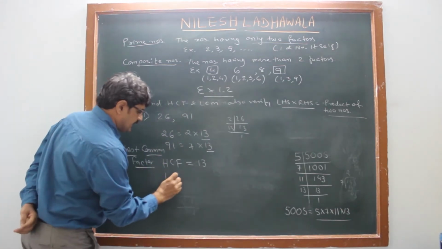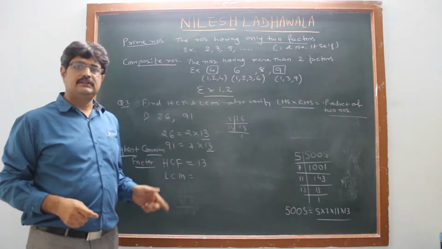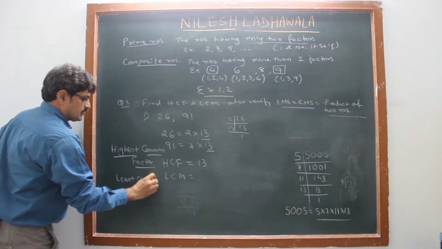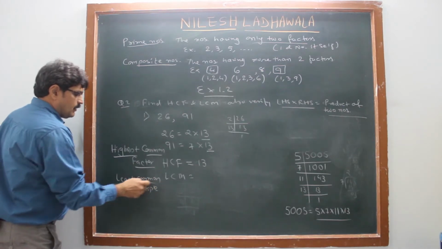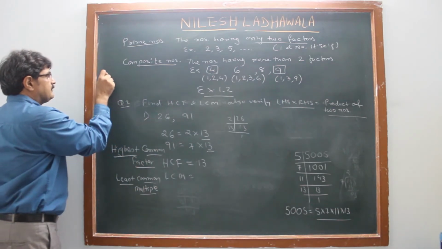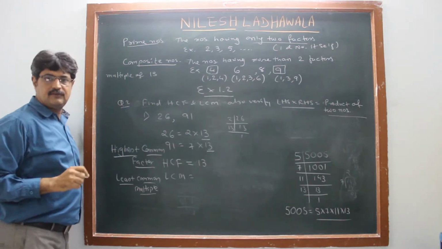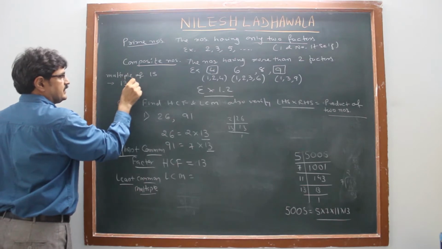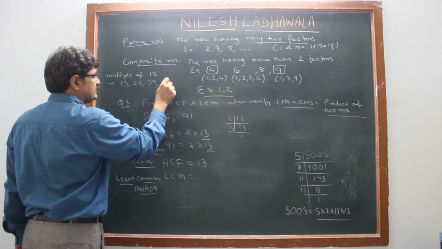Now I have to find LCM. Friends, LCM means least common multiple. If you want to find the multiples of 13, you can write them as 13, 13 twos are 26, 13 threes are 39, 13 fours are 52, and so on.